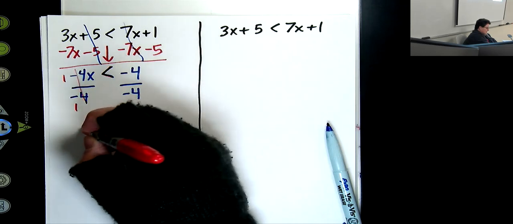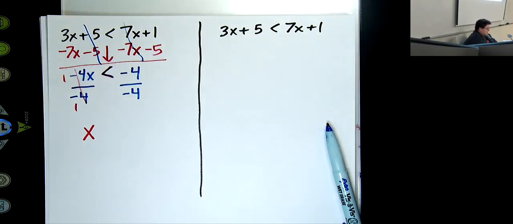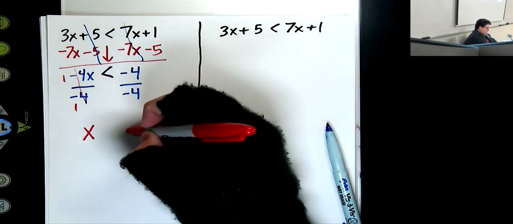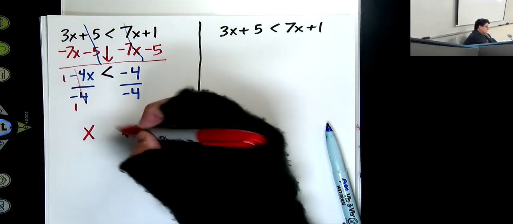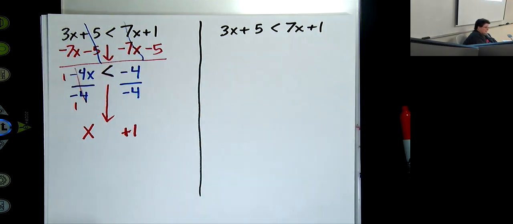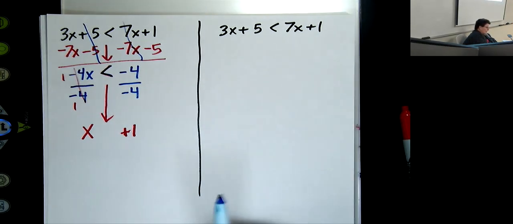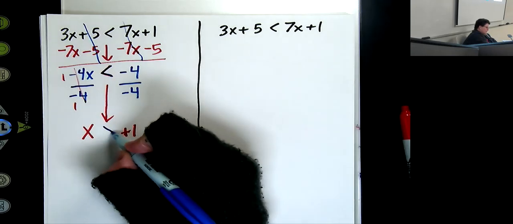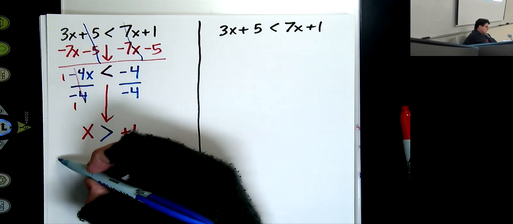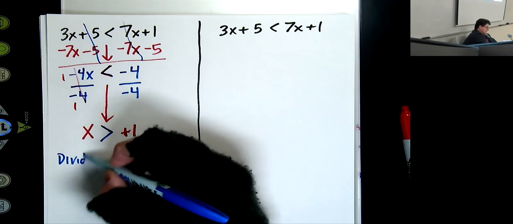And I get x over there. Negative 4 divided by negative 4 is positive 1. I divided by a negative number, so I have to swap the symbol, or flip the symbol. Divided by a negative.